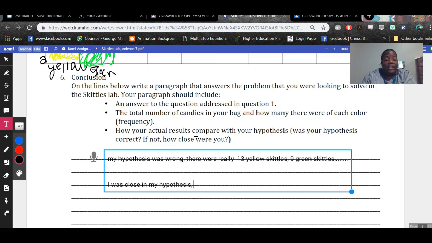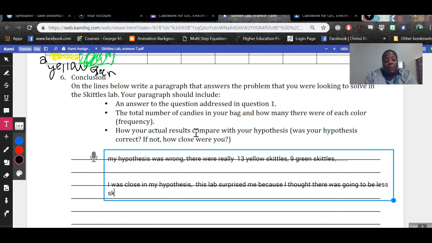Remember, you're doing your data analysis too, and you're concluding the results. How did you feel during the lab? This lab surprised me, and why did it surprise you? Let's say you thought there was going to be less Skittles in the bag. Okay?